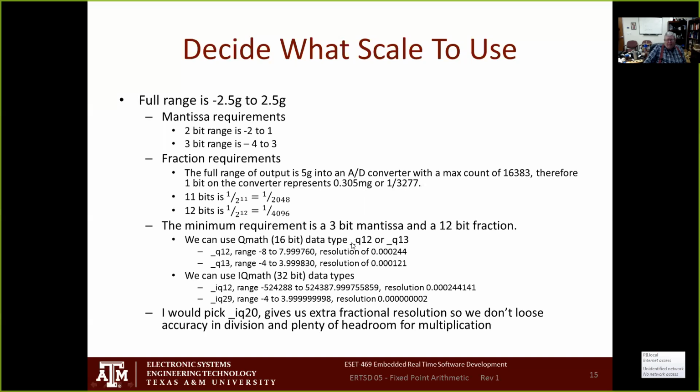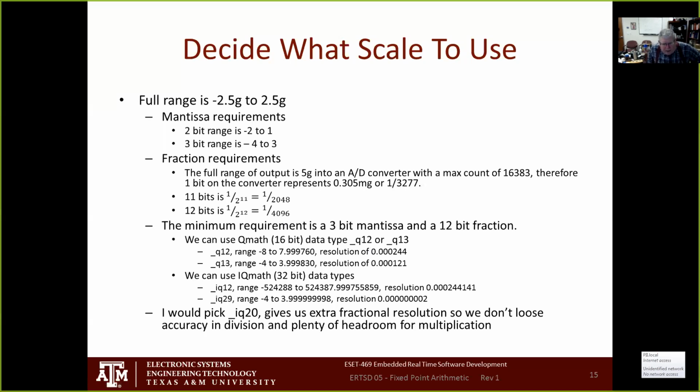And in a 16-bit, if I did Q13, that gives me 3 bits, and this gives me 4 bits. So if I do Q12, I'm going to have this range. If I use Q13, I'll get that range.